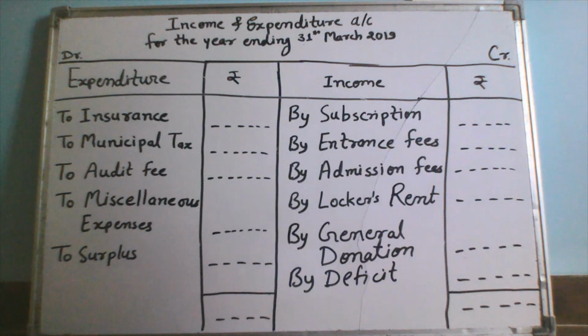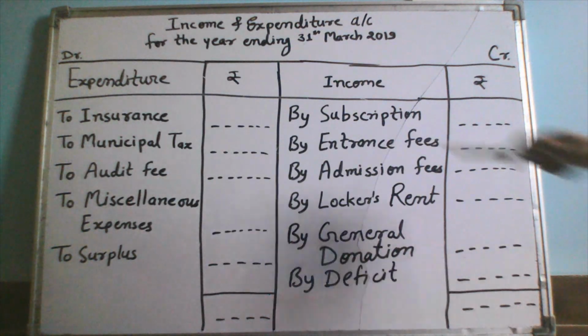As the receipts and payment account is like a cash book, the opening balance and closing balance of cash are written in that. But as the income and expenditure account is like a P&L account, and in a P&L account we do not write the cash balance, we have not shown any opening cash balance.